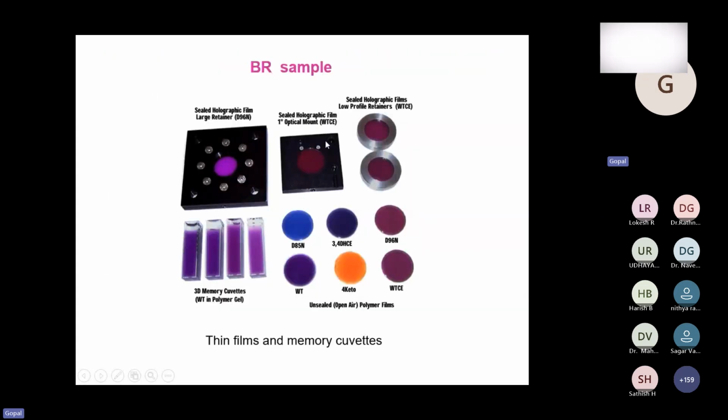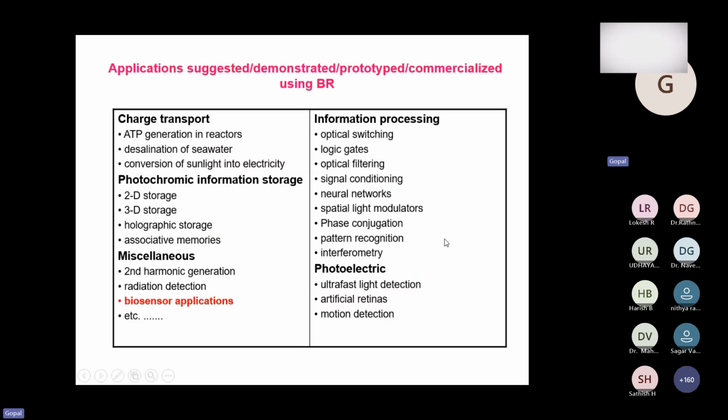Okay, these are the samples for bacterial rhodopsin with the different sizes. D96N, this is for optical application. This D85, and this is for some biological applications. Again, this is not taking off for any technological advance or research.